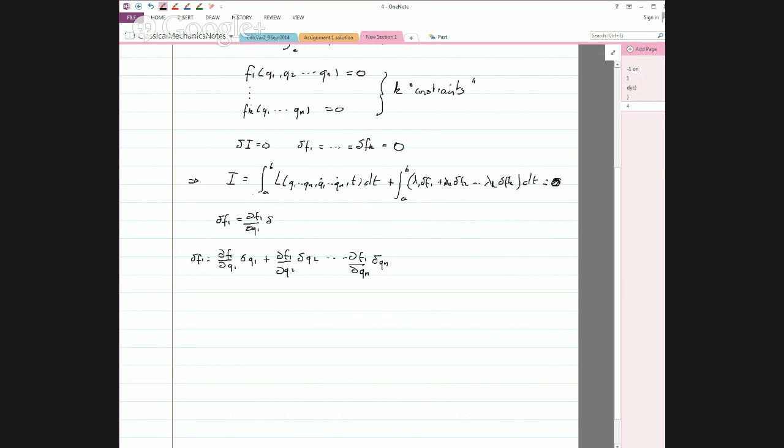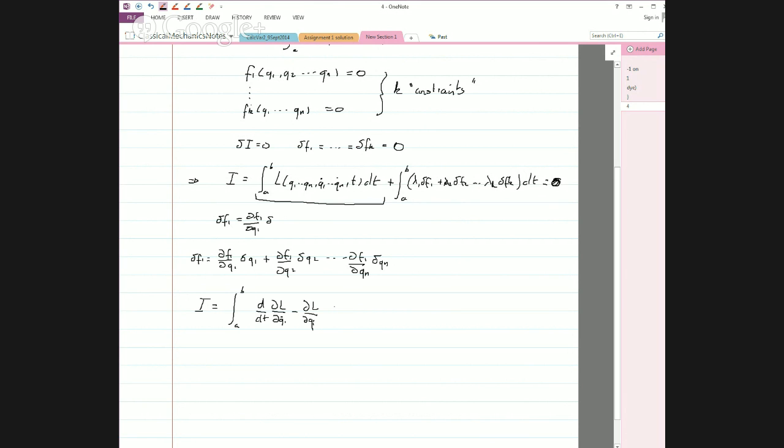So this part here, the first part of the integral, we already saw that it leads us to the Euler-Lagrange equation, right? And so effectively what we're going to get is I equals the integral from a to b of d/dt of ∂L/∂qi dot minus ∂L/∂qi, times delta qi.